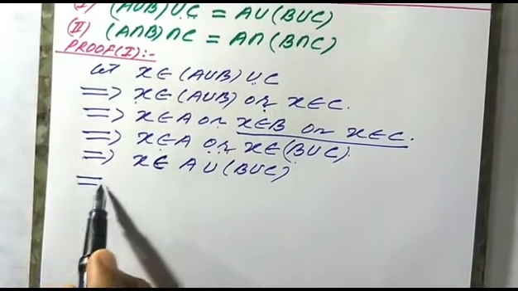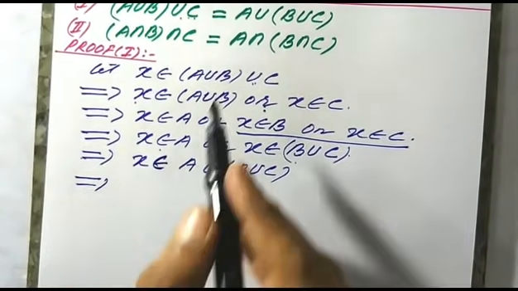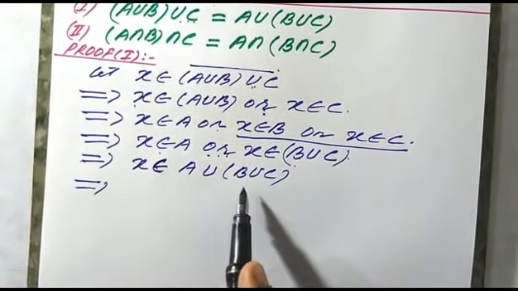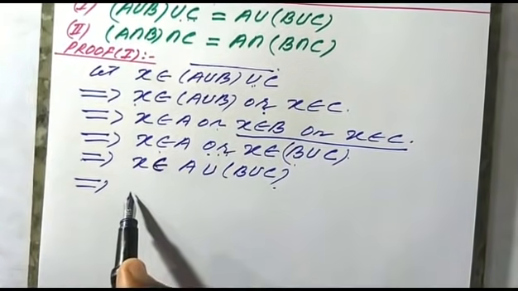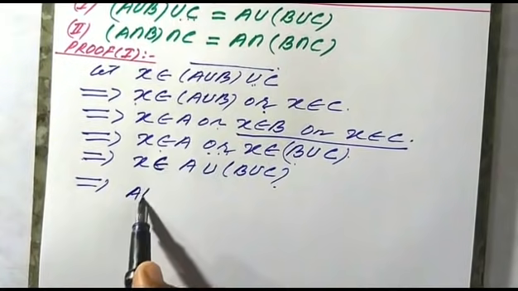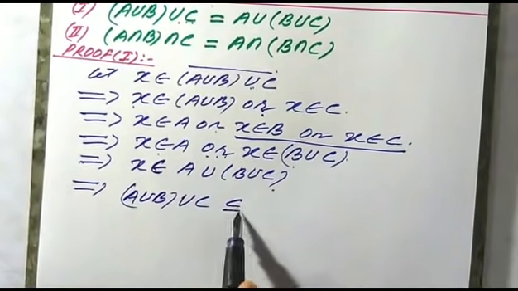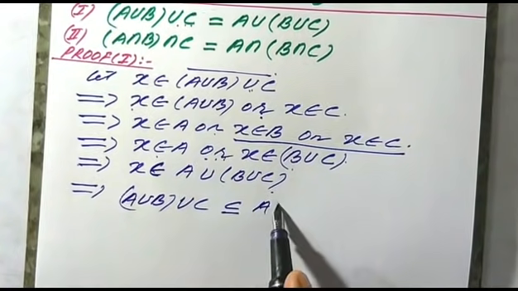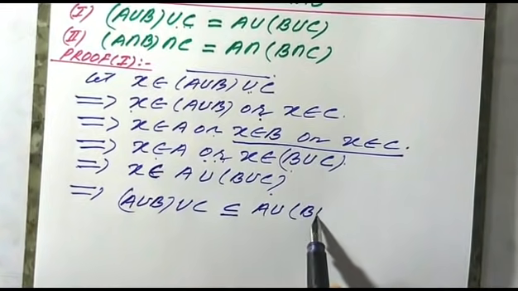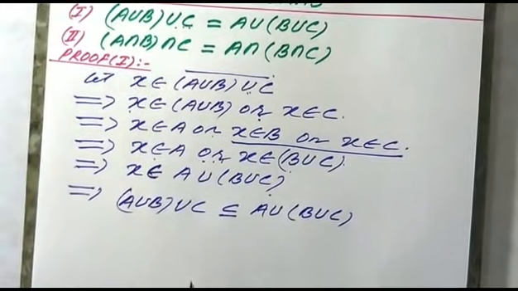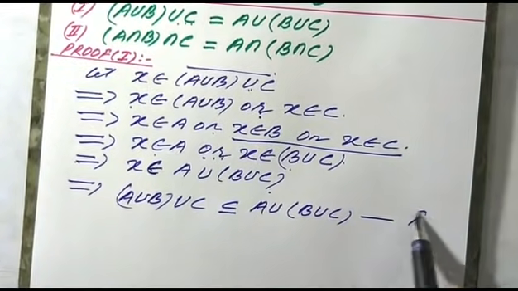So it implies that this set is a subset of this set. So (A union B) union C is a subset of A union (B union C). Let it be equation number 1.